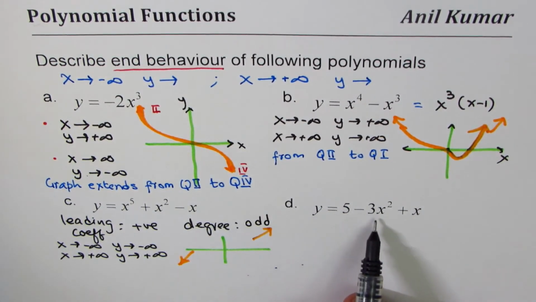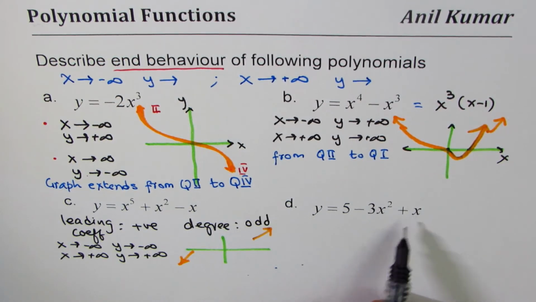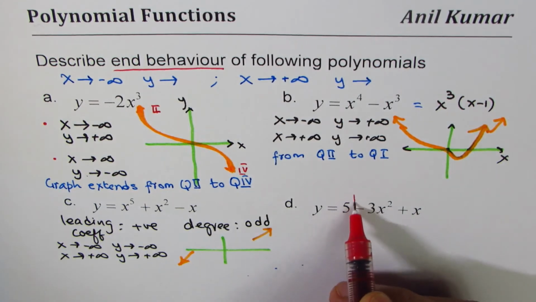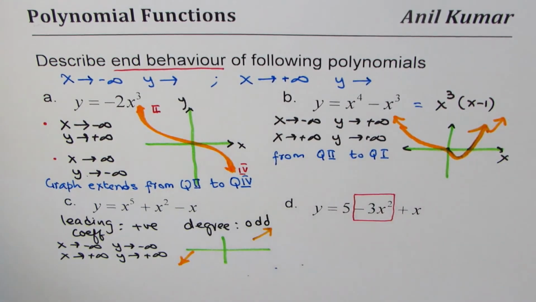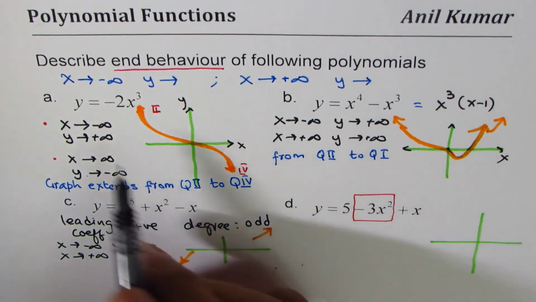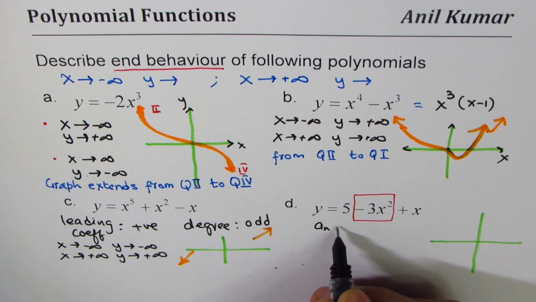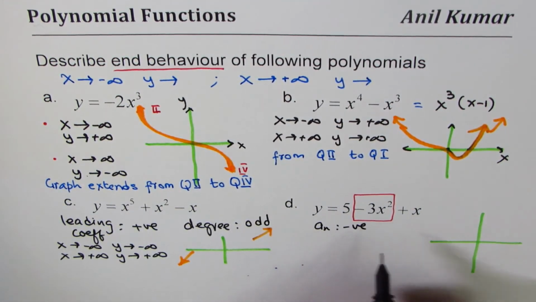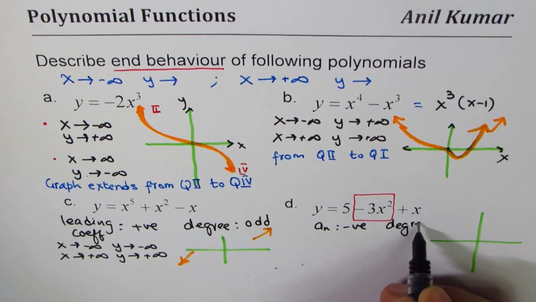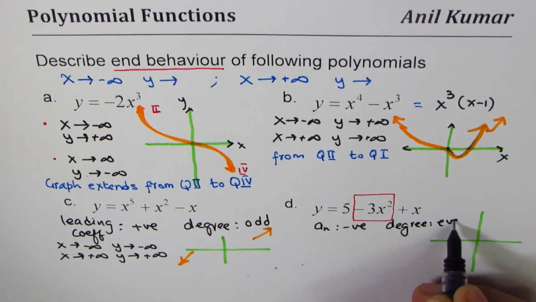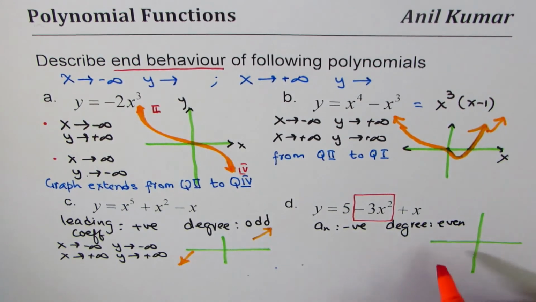Now the last one for you. y equals 5 minus 3x squared plus x. Now what is the leading coefficient? Well, the term minus 3x squared is the leading term. Remember that. So that means the leading coefficient is negative, and degree is even, so both are on the same side.